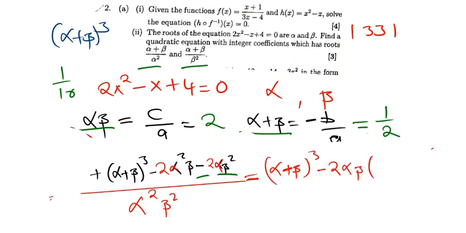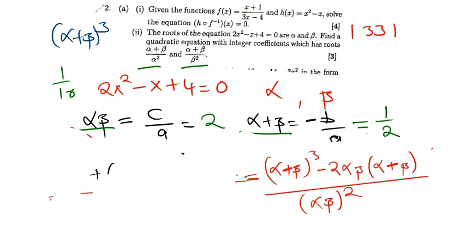For the first part you remain with alpha, and then the second part you remain with beta. So you see that everything is now in the form. The denominator can be expressed as pulling out the square. So at this point everything is now expressed in the form of product or addition of alpha and beta.